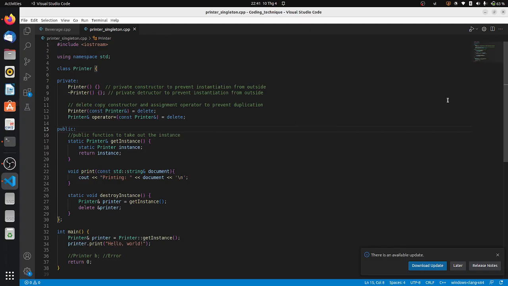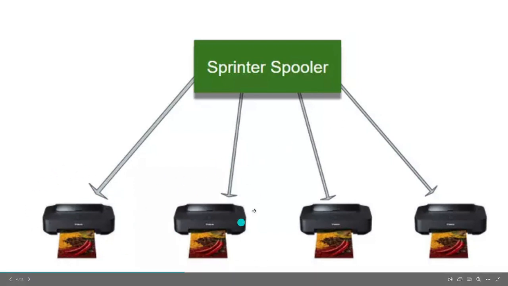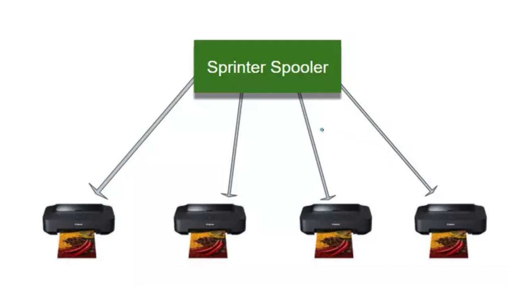So this is my code. This code is about the printer problem I mentioned before. For example, here we have four different printers, and we want only one of them printing the document, the material.